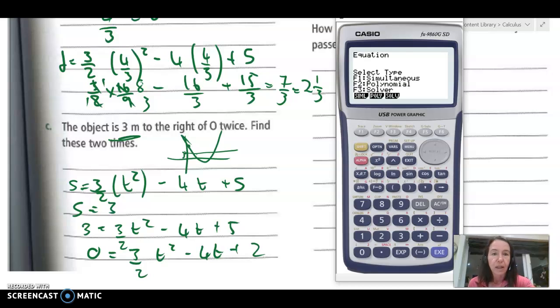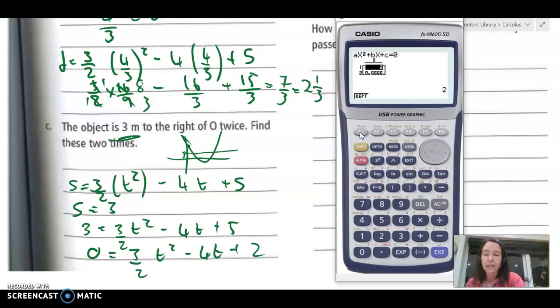So I am doing a polynomial, not a simultaneous equation, polynomial degree 2, with coefficients 3 divided by 2, -4 and 2.